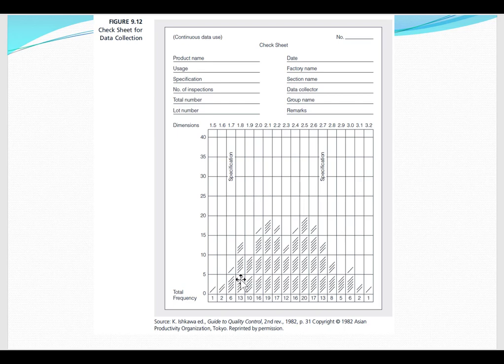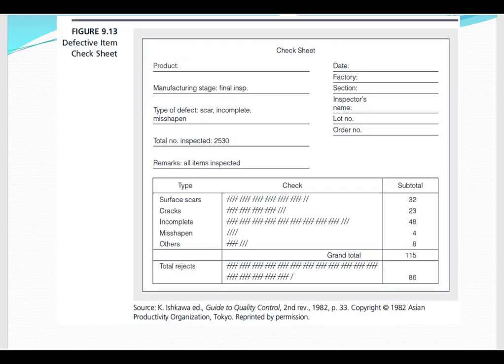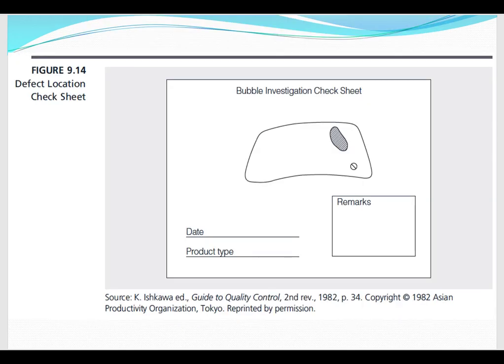Various dimensions are counted. Here's an example of an attribute checklist where surface scars, cracks, incompletes, mishaps, etc. are recorded. And here we have a bubble investigation checklist where, let's say, we have a board that we must create, and we mark on it how big the defect was, or how many there were, etc.